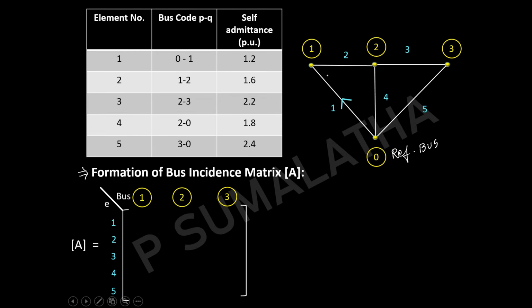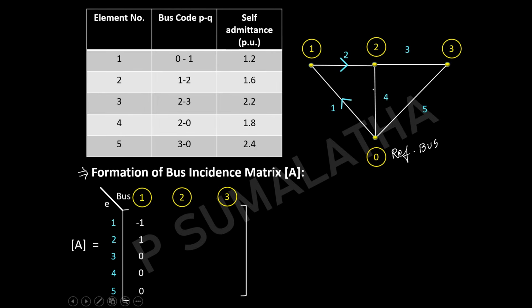The second element is connected between 1 and 2, so the direction is from 1 to 2. The first element's direction is into the node and the second element's direction is away from the node. Therefore, the first element will carry -1 and the second element will carry +1, and the remaining elements 3, 4, 5 will be equal to 0.